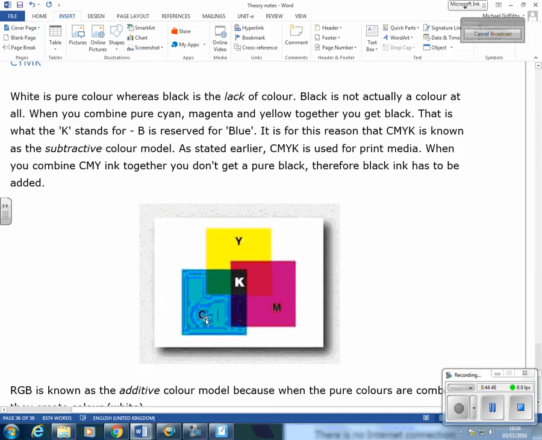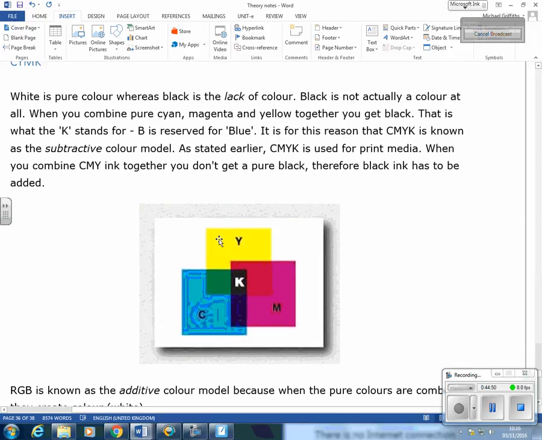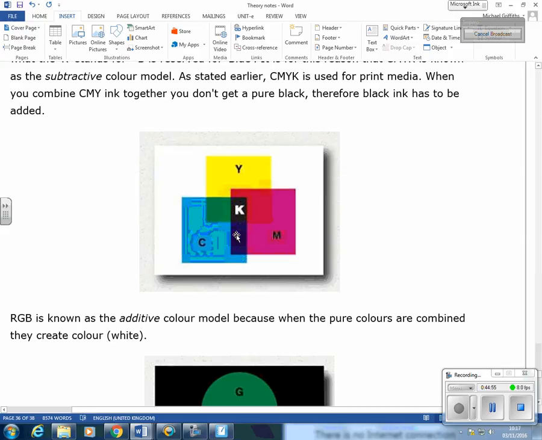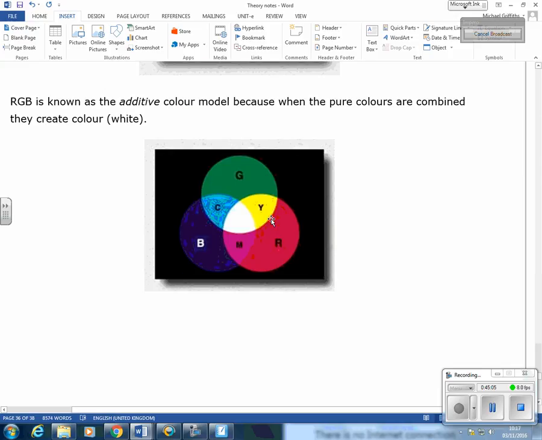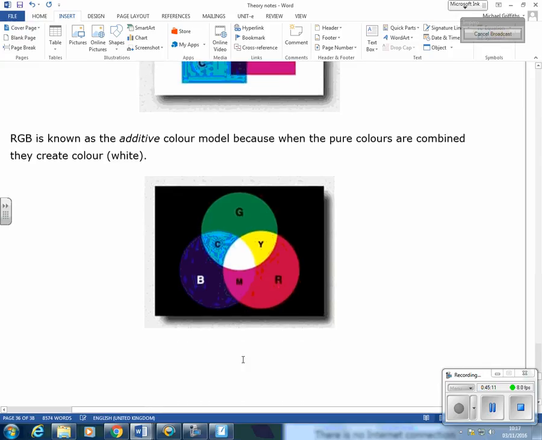Cyan, yellow, magenta, and black is the K. They don't use B for blue because B is used for blue in colour models. So there you go, and that shows you how the RGB colour model works. Red and blue gives you magenta.